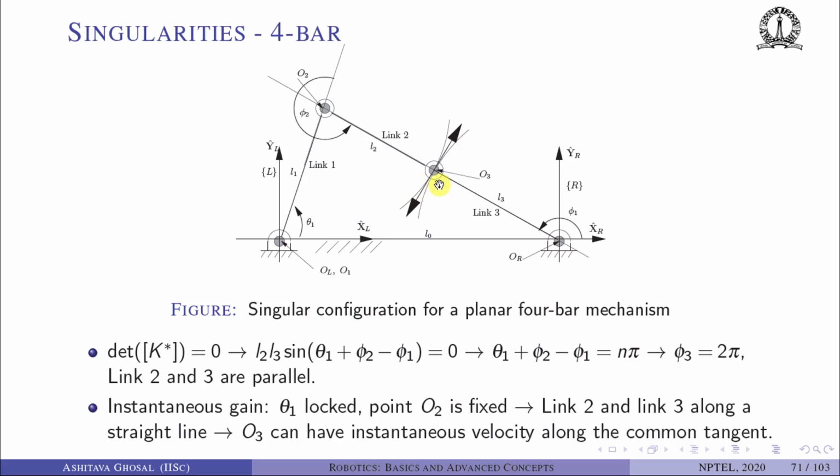Okay, so this is the meaning of this instantaneous gain of degree of freedom. Although theta 1 is locked, and this joint is locked, this point can move instantaneously up and down, perpendicular to the two links.